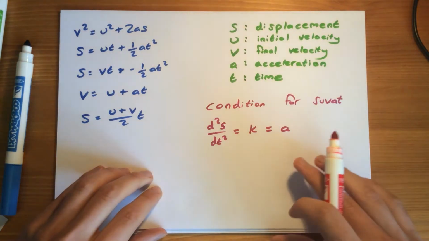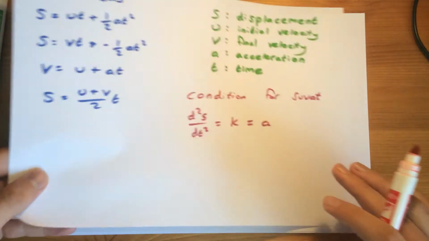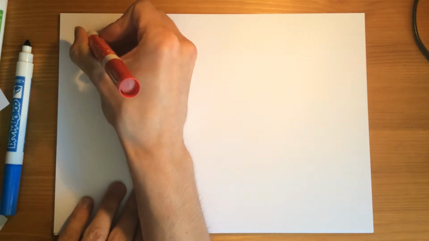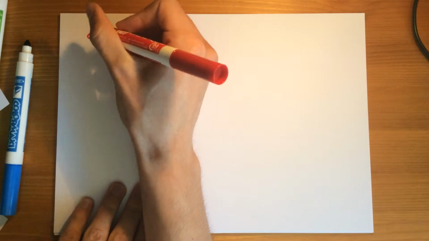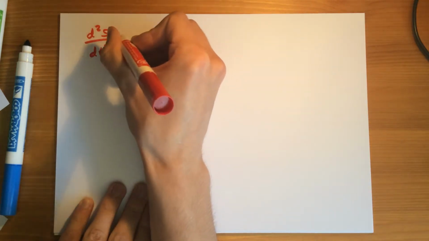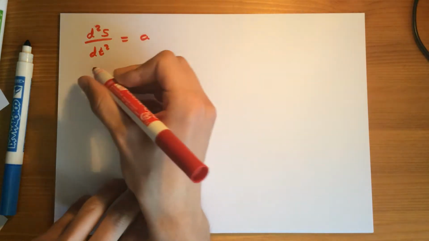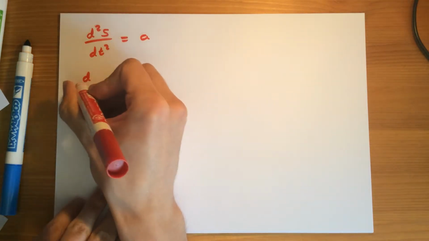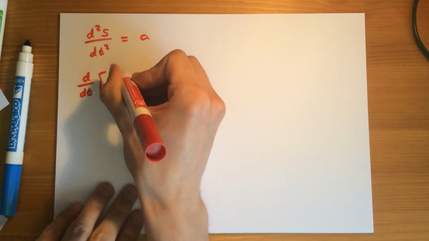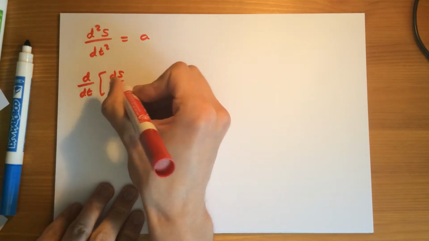Okay, so I'll get a fresh piece of paper. So we're going to start with this. We have the second derivative of displacement with respect to time is equal to a. And then we can rewrite this as the derivative with respect to time of ds by dt.